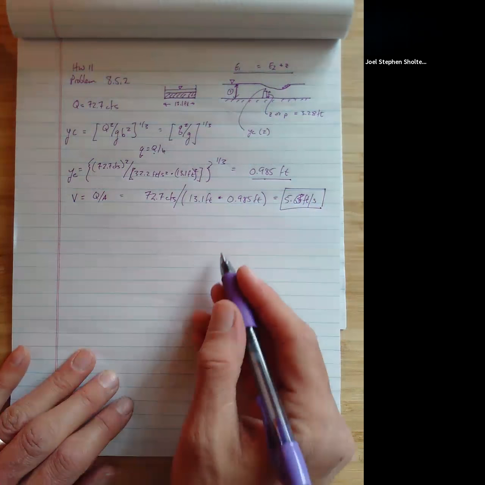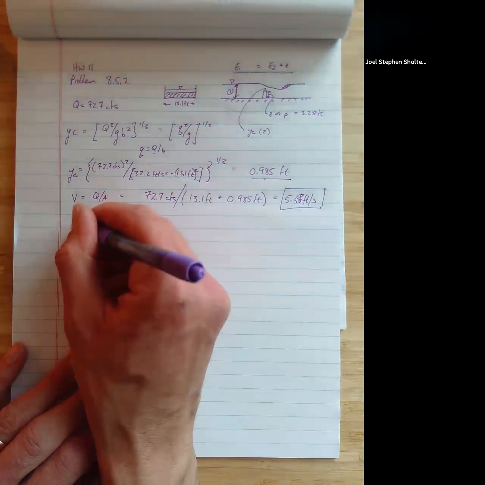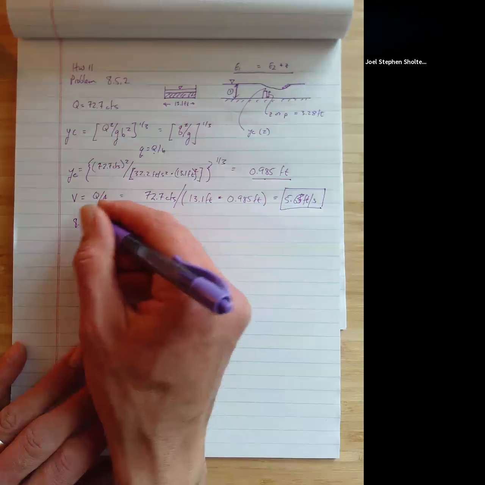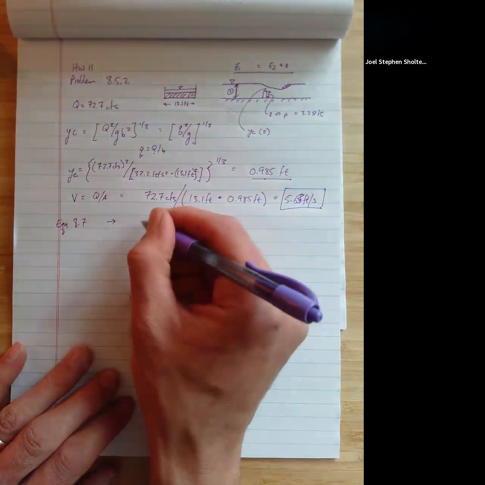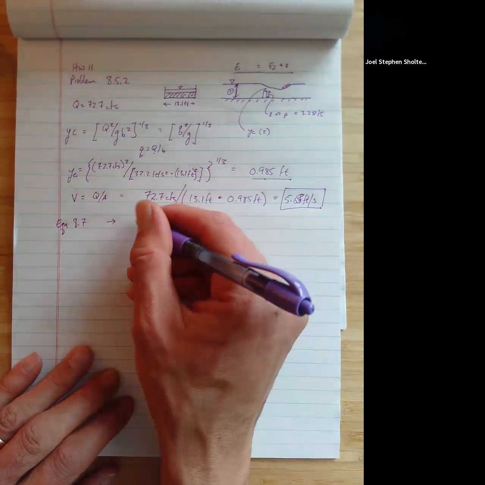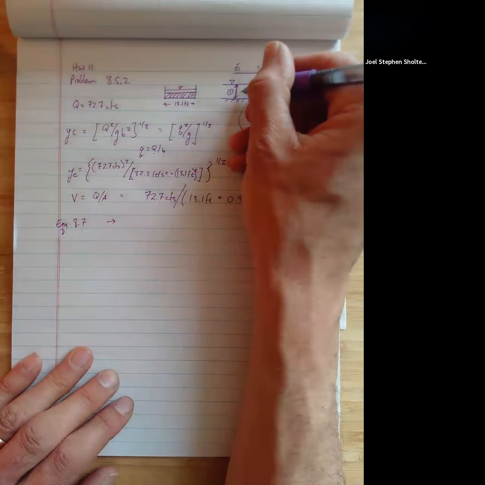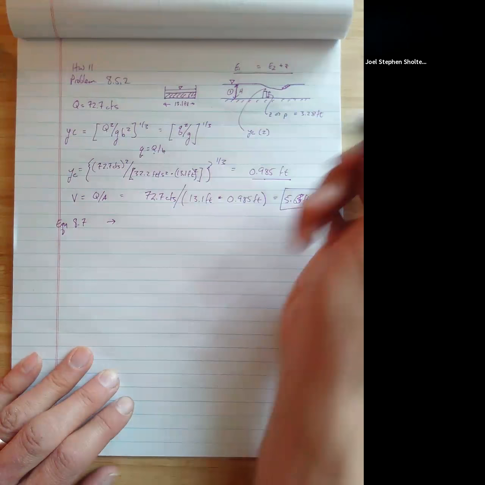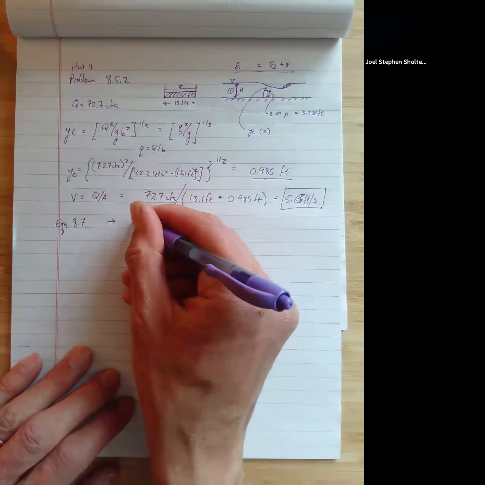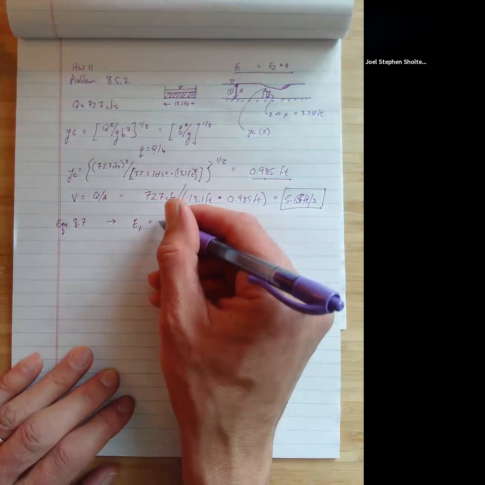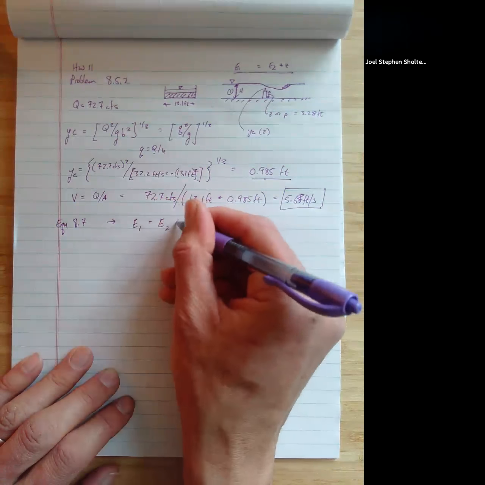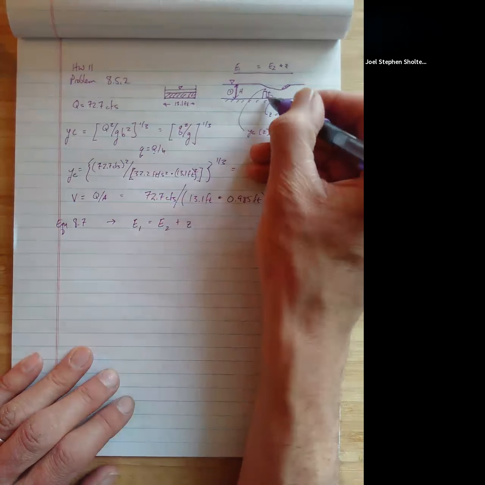Now we can go back to our specific energy equation. This is equation 8.7 in your book. And we can say that H upstream, or E, we'll just call it E for the specific energy equation. E1 is going to equal E2 plus, we'll call it Z, the height of the weir.